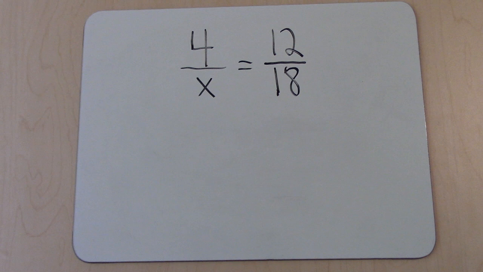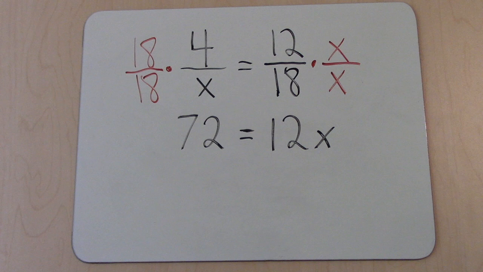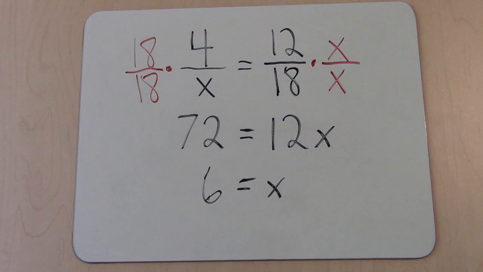So we'll go ahead and do that, and our bottoms are the same, so now we can just multiply the tops, and yeah, I'll probably pull out the calculator for that one. 18 times 4, so we've got 72 equals 12x. Now you just go ahead and divide both sides by 12, and it takes us right to our answer, which is x equals 6, or 6 equals x, either way, I don't really care.